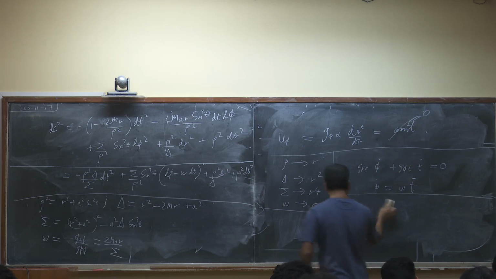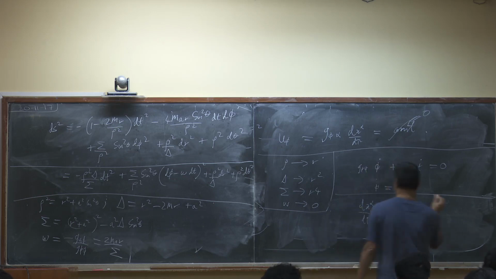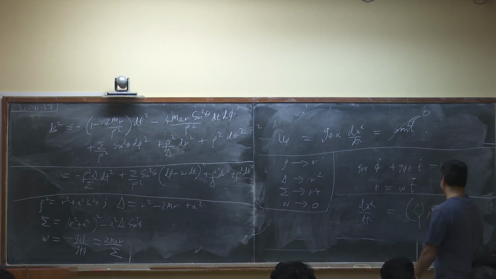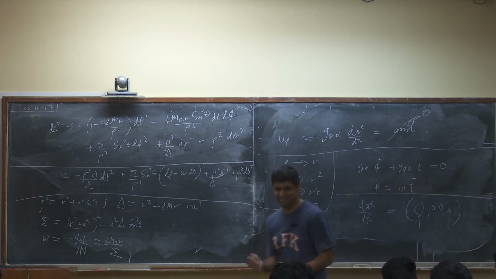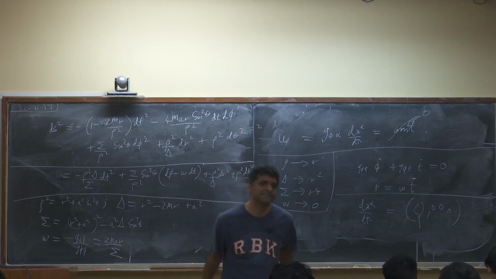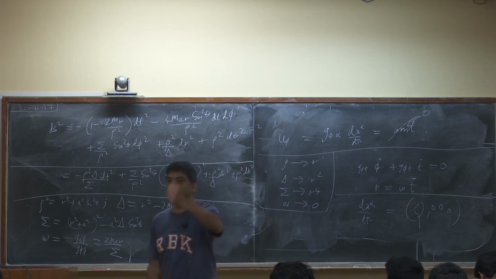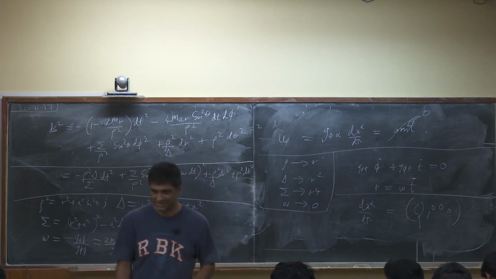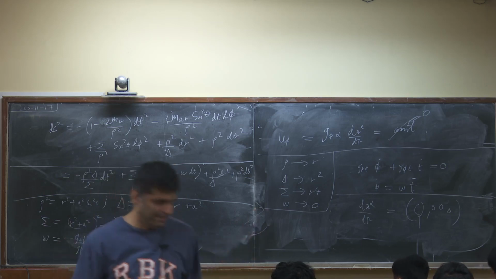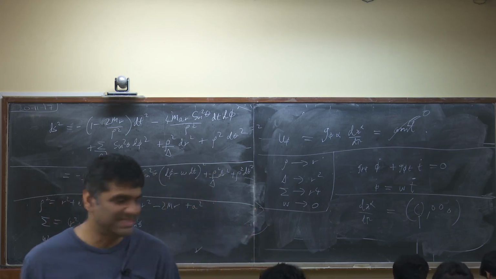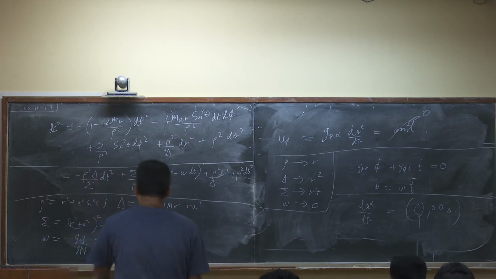That is, in plain language, I want dx alpha by d tau to be something in the t direction and 0 everywhere else. What does it mean? I want to sit at constant theta, constant phi, and constant r. Then the only coordinate that's evolving is time.